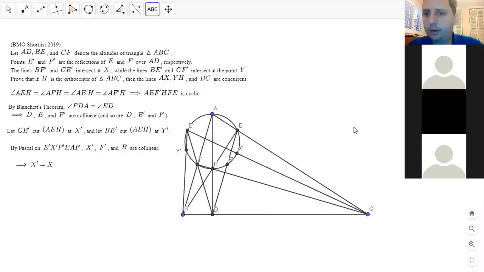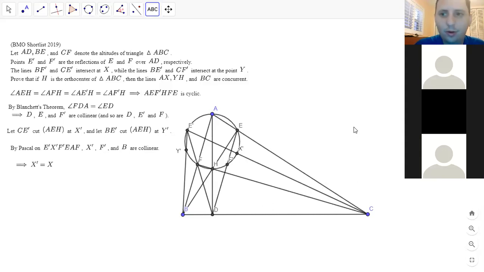We don't need that. We don't need to denote X prime. By reverse Pascal. Oh, I've never heard of reverse Pascal. It's like the converse of Pascal you can use. Interesting.